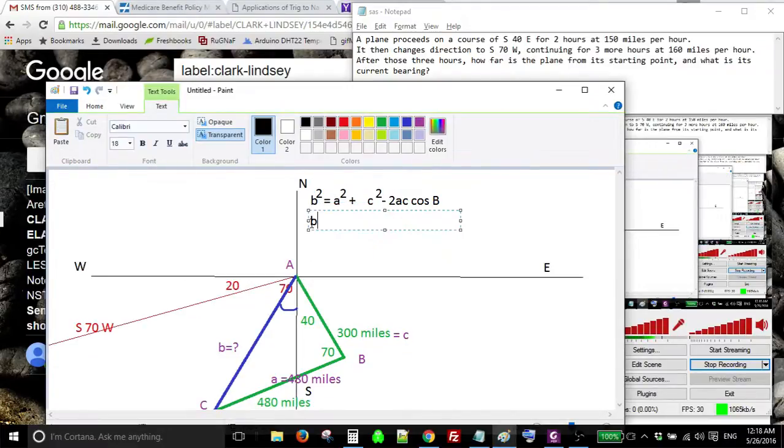So B squared equals, A squared was 480, 480 squared.